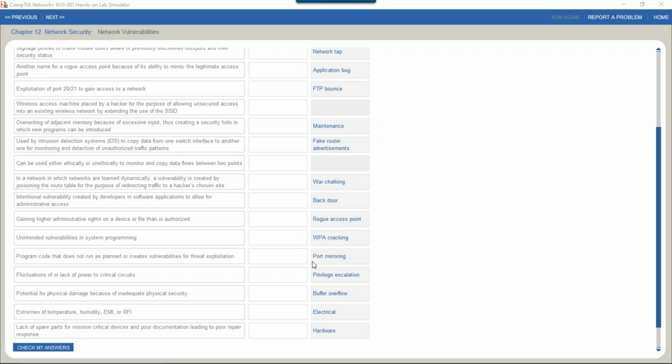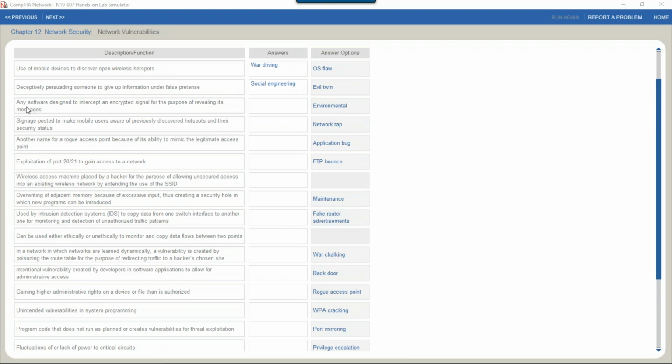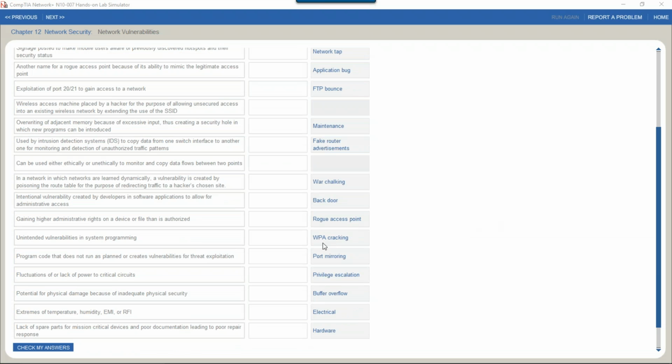WPA cracking. What about this one? Maybe, right? Well, let's go back to what it says. Software designed to intercept an encrypted signal, right? So what is WPA? By definition, it's a form of encryption, right?